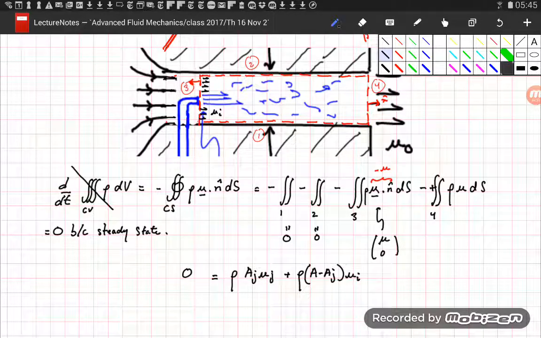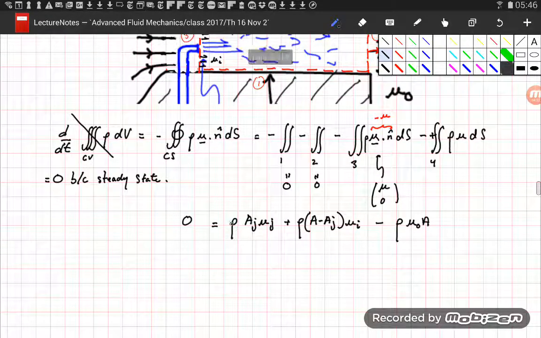Note that I have a plus here because this minus sign cancels this minus sign. And then at the outlet I have minus rho times u outlet times A. And this is our mass conservation equation.